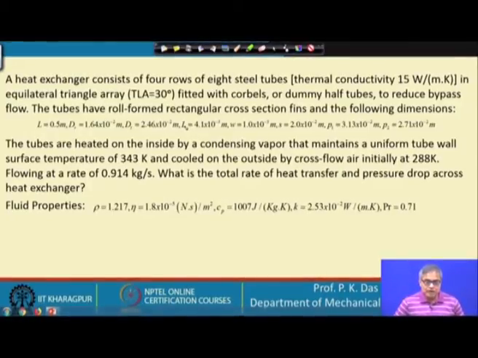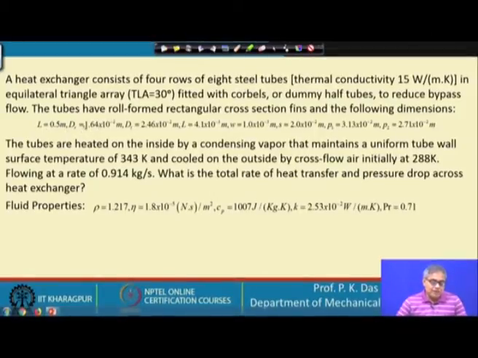This is the length of the fin or height of the fin. W is the width of the fin, and S is the gap between two fins. Then P1 is the pitch normal to the flow direction, and P2 is the pitch in the direction of flow. Let me explain. L, which is 0.5 meter, is the length of the tube.